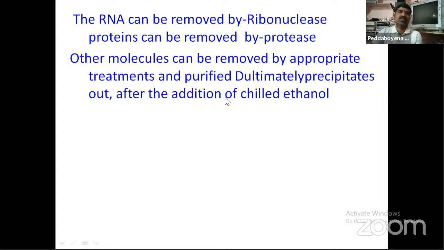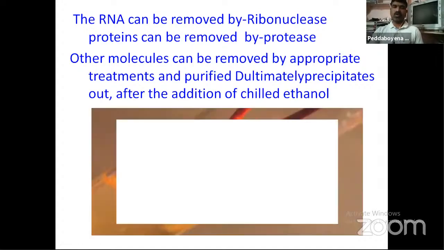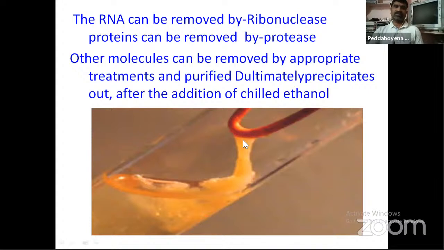You can observe the precipitate coming out.